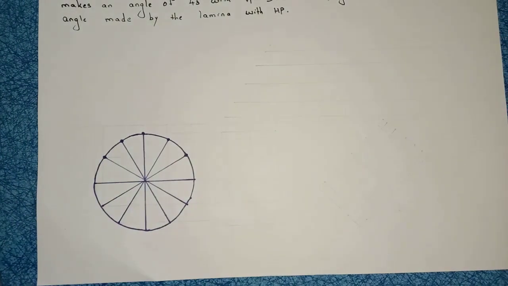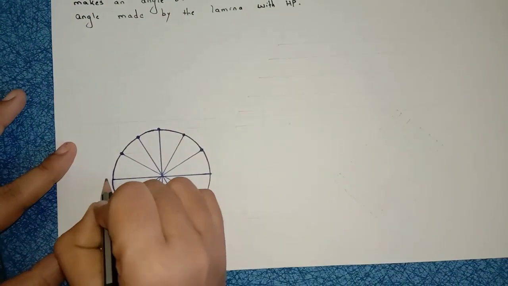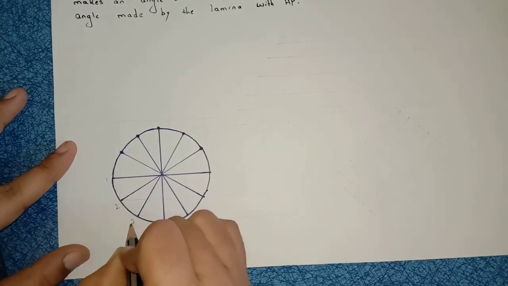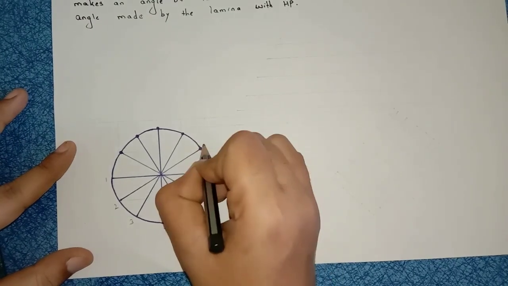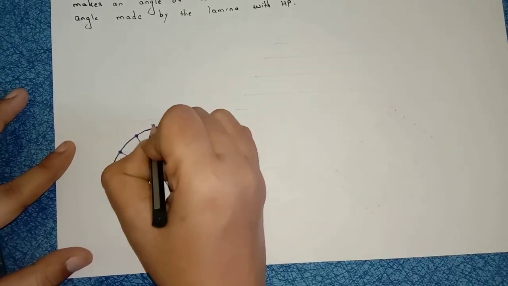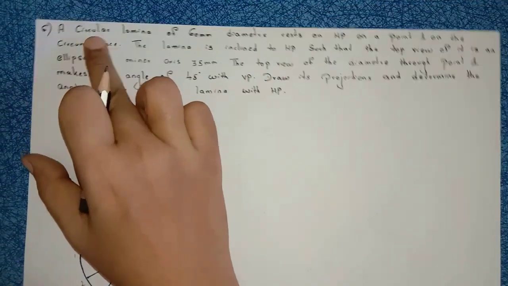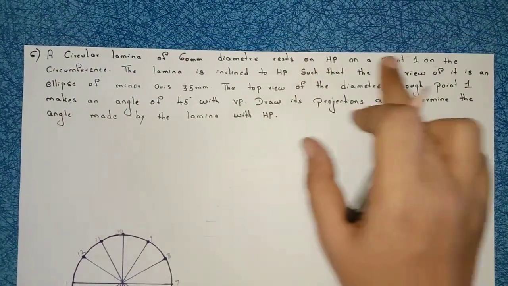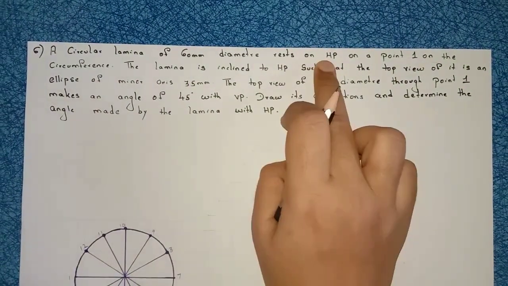So after dividing the circle into 12 equal parts, write down here 1, 2, 3, 4, 5, 6, 7, 8, 9, 10, 11 and 12. Now you see, we are constructing a circle on HP such that the point 1 on the circumference should rest on HP.